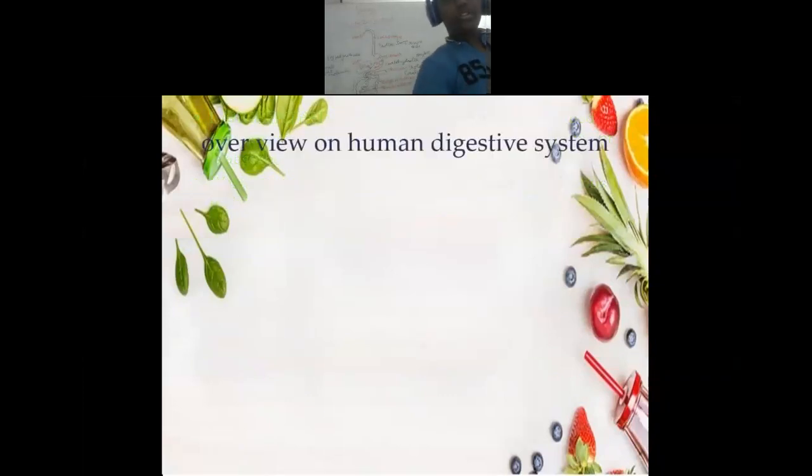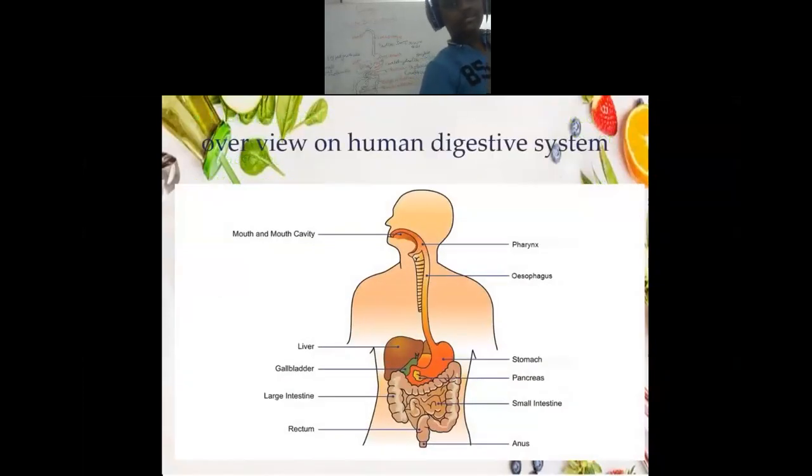Now an overview of the human digestive system. So at last, this is the whole human digestive system. It starts from the buccal cavity or mouth. Then the food enters through the pharynx and then the esophagus, and then it goes into the stomach. Digestion has already started in the mouth, where starch is getting converted.